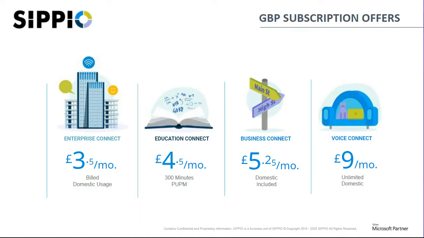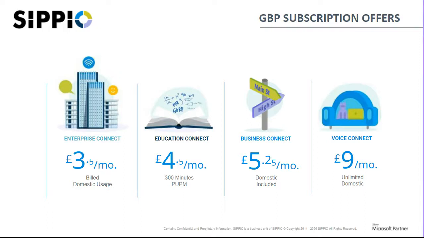The first one is Education and Public Sector Connect, by design aimed at that marketplace, with pricing that we know reflects their expectation and sort of budgets available for this type of service.